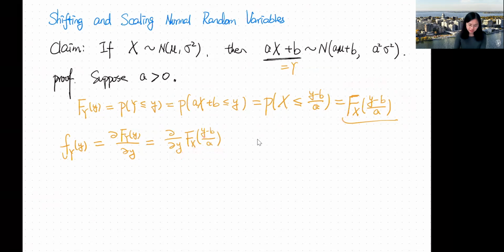So using the chain rule, we find this derivative equals density of x at y minus b divided by a, times the derivative of y minus b divided by a with respect to y, which is 1 over a.